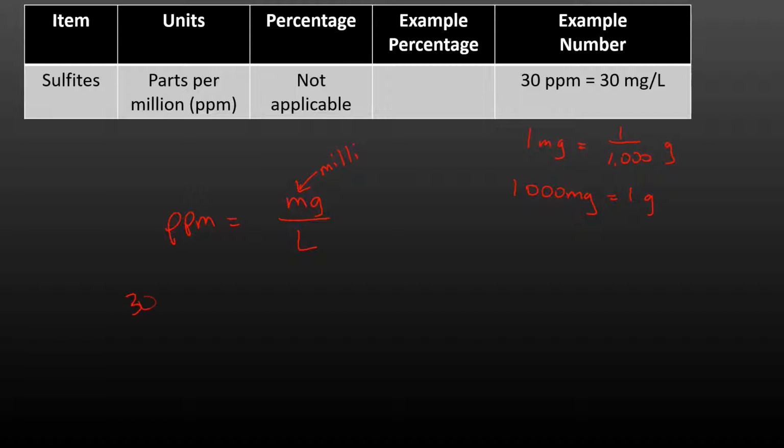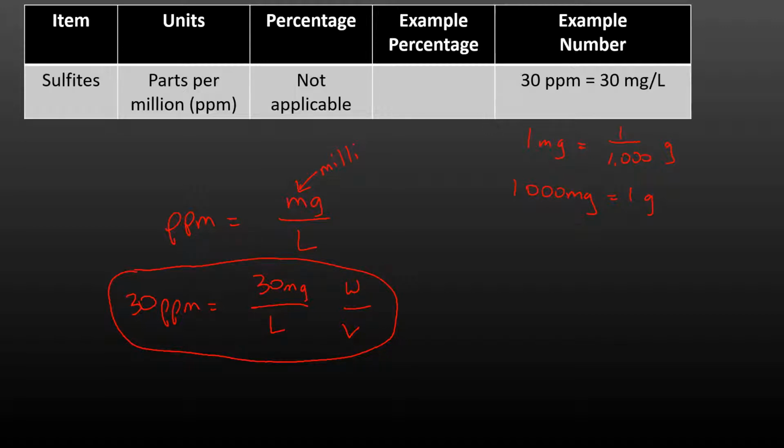So if we have 30 parts per million, that just equals 30 milligrams per liter. So this is a weight to volume, but because it's fairly small, 30 milligrams in a liter, that's not very much. We often use the expression parts per million instead.